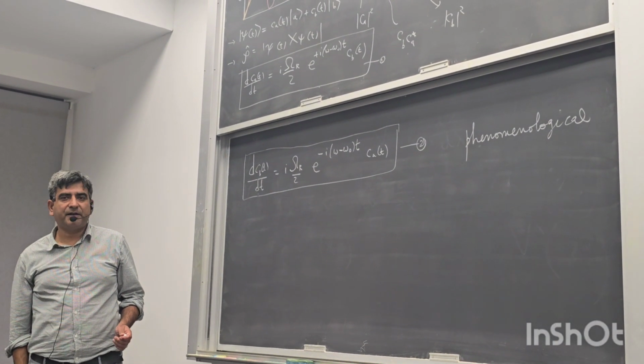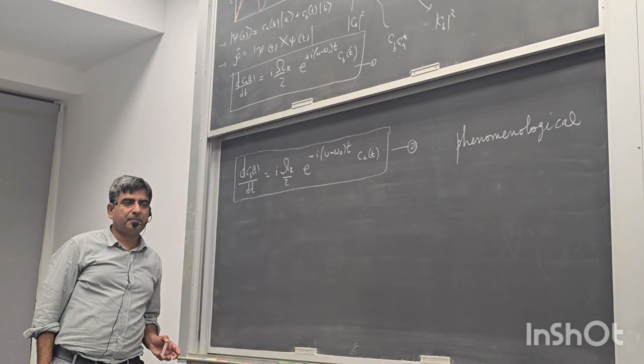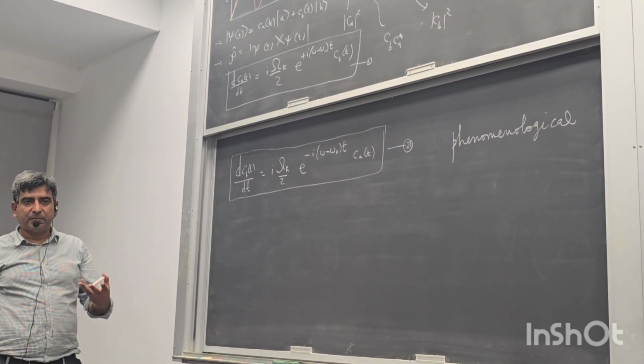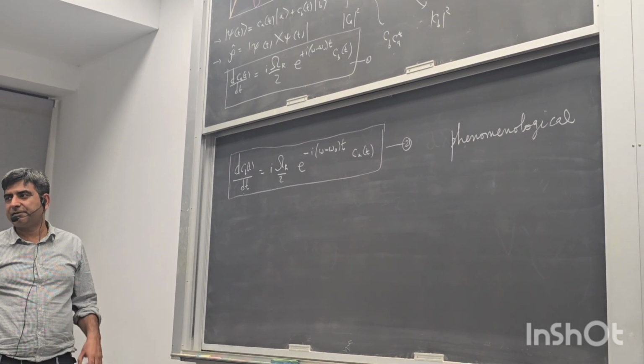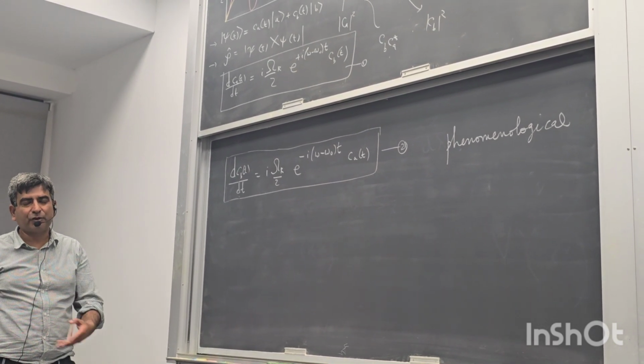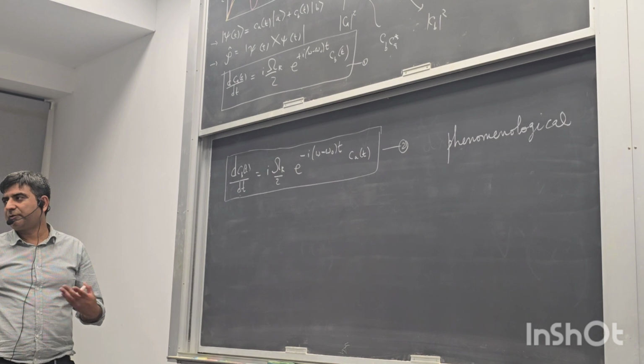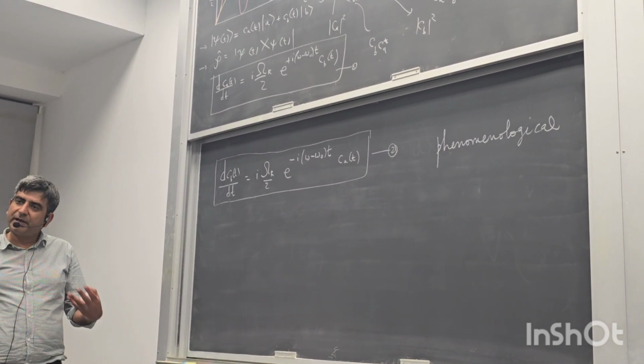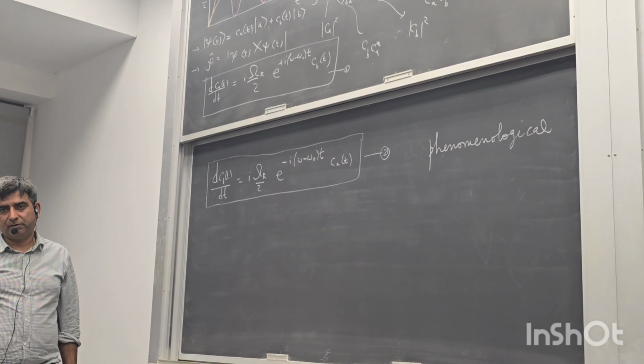Sometimes you need a master equation called a Lindblad master equation to accurately predict damping, but for the purposes of understanding, it's nice to have a phenomenological model, which means a model that works in most cases. That will give you a better understanding of what's going on.